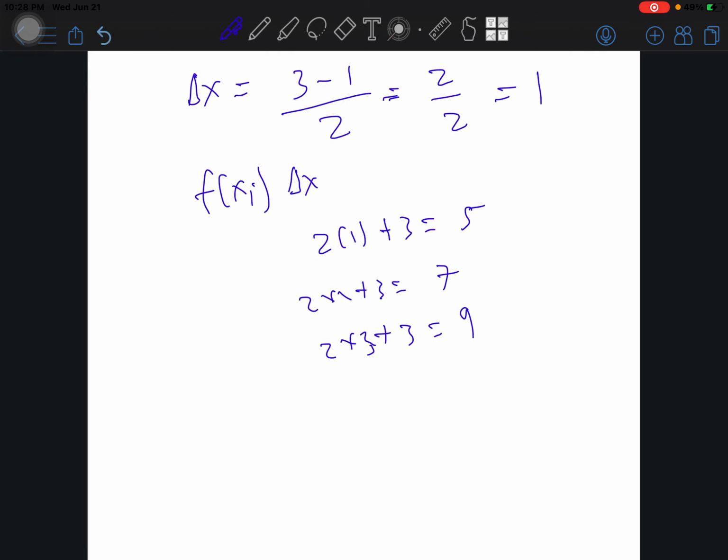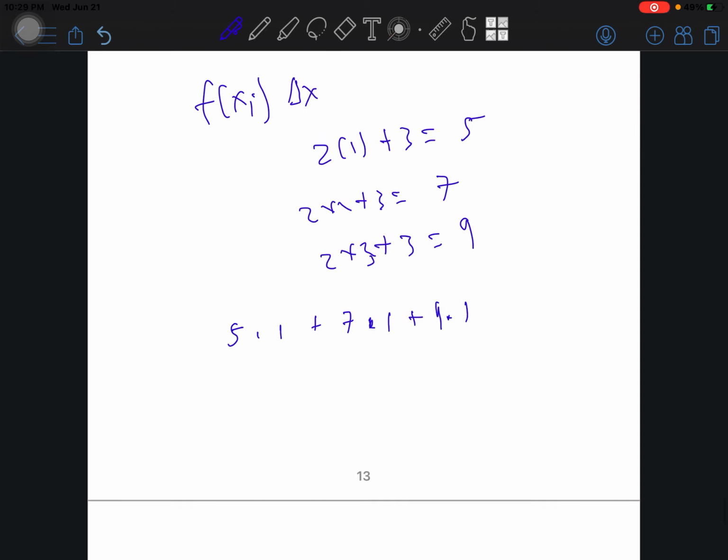So since I have those over here, the approximation is going to be 5 times 1 plus 7 times 1 plus 9 times 1.